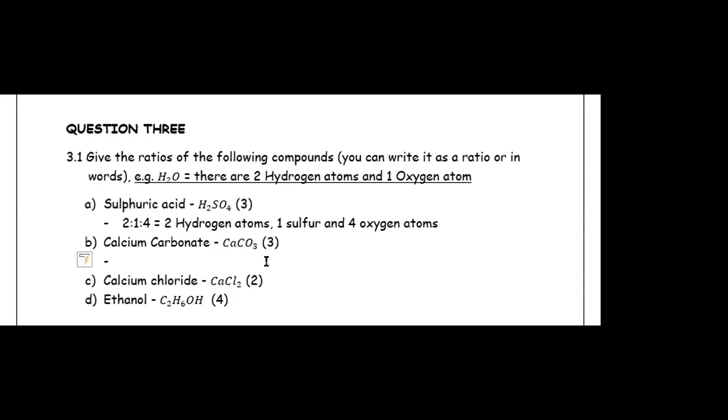So remember, if there's no number next to the symbol, that means there's only one atom of that. Okay, so Quentin says there's 1 calcium and there are 3 CO. Quentin, break down C and break down O. Remember, C and O are different elements.